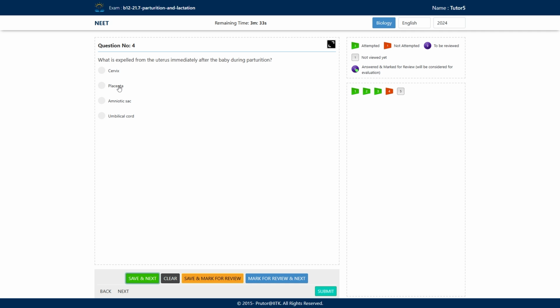Here the correct answer will be option number B, placenta. The placenta is expelled from the uterus immediately after the baby is born, meaning after the childbirth.